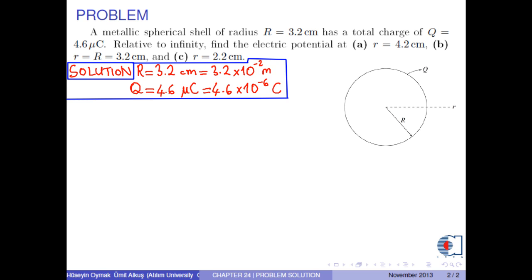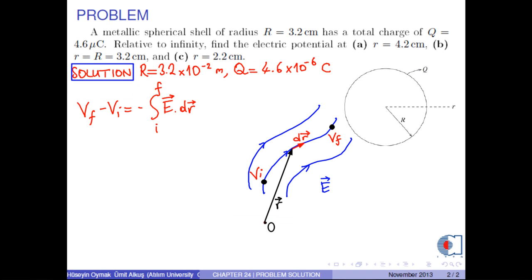In order to solve the problem, we use the formula for the potential difference, V final minus V initial, which is the negative line integral from initial to final of the electric field E dot the infinitesimal path vector dr at position r. If we choose the final point as infinity, the potential at infinity becomes 0.